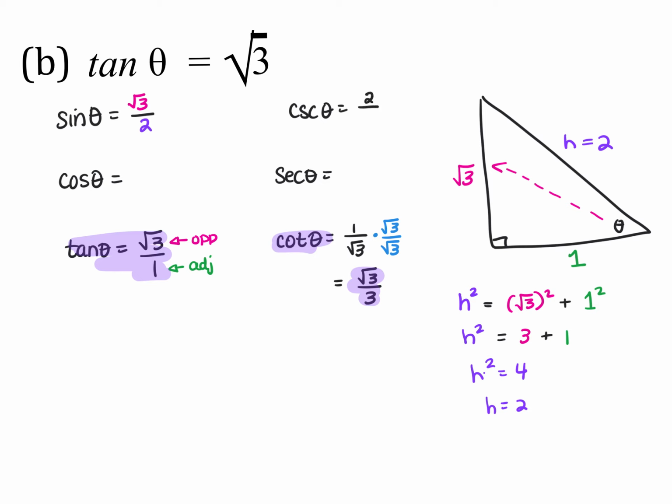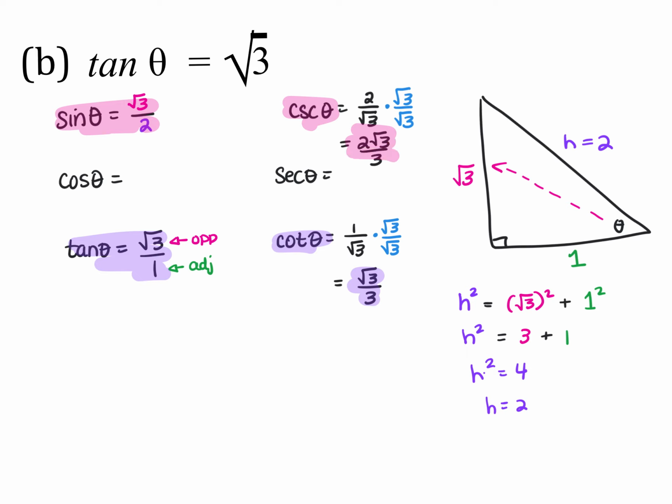I'm going to take 2 and divide by square root of 3. Once again, we're back in that same kind of situation. Multiply by square root of 3 over square root of 3. And what I end up with is 2 over square root of 3. Whoops, no I don't. I end up with 2 square root of 3 over 3. So now we have cosecant and sine.